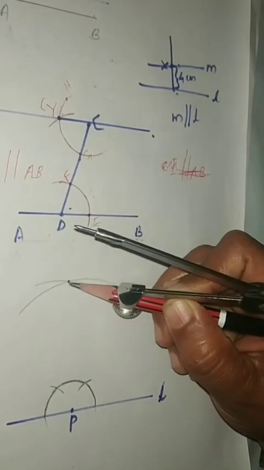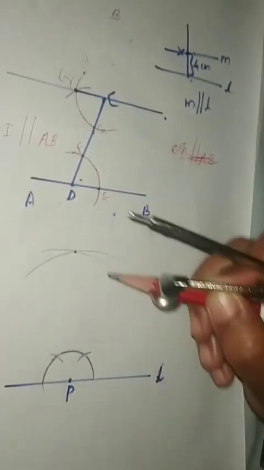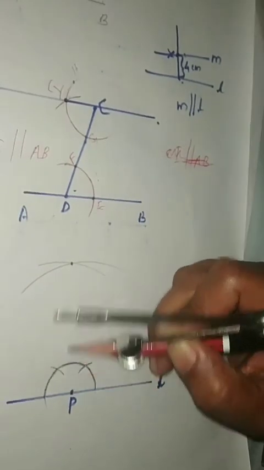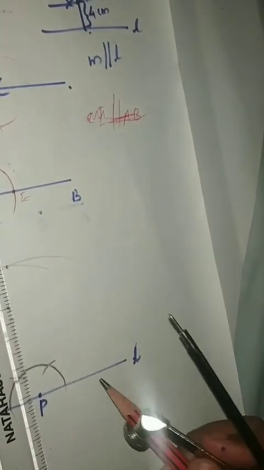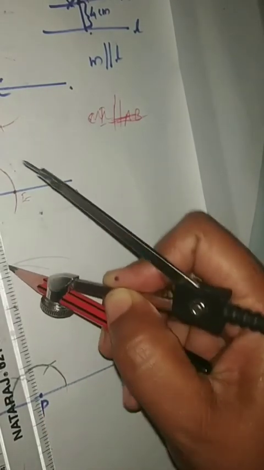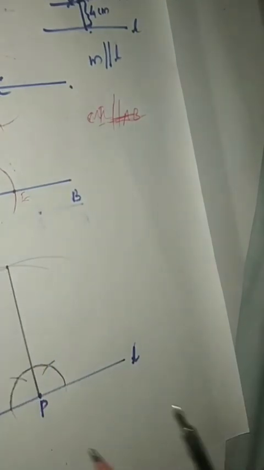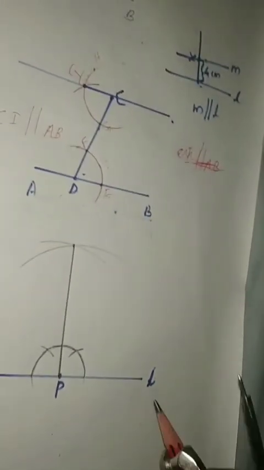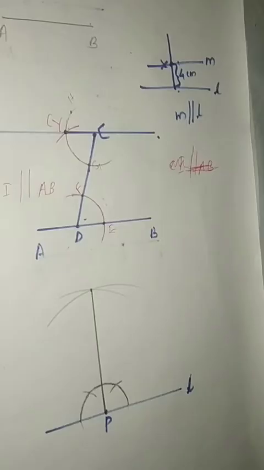We have to join this point and this P. We have to draw a line. Here we can use one scale to join these two points. Clear? This line is perpendicular to L.